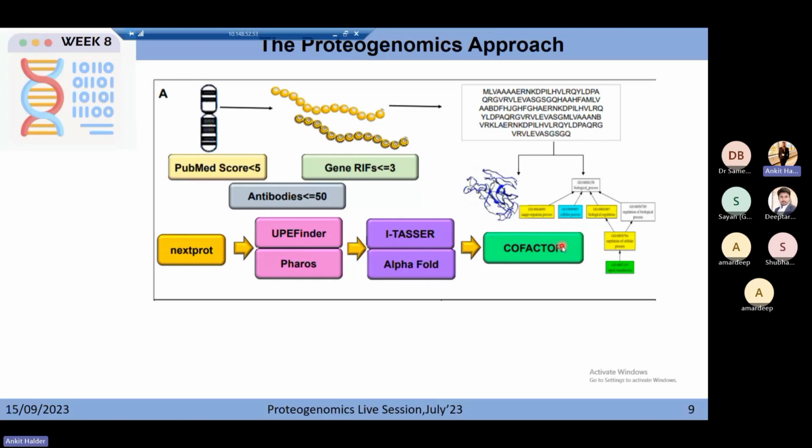In this way, you can try to identify the different UP1 proteins, and of course you can go through the paper to learn more about it.